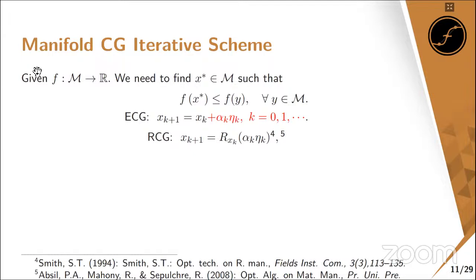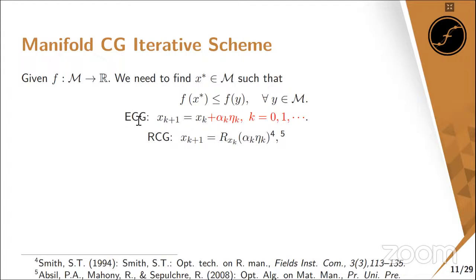As I said earlier, given a function f, which takes points from the manifold and outputs to R, our aim here is to find the minimizer, that is X star, on the manifold that satisfies this given condition.